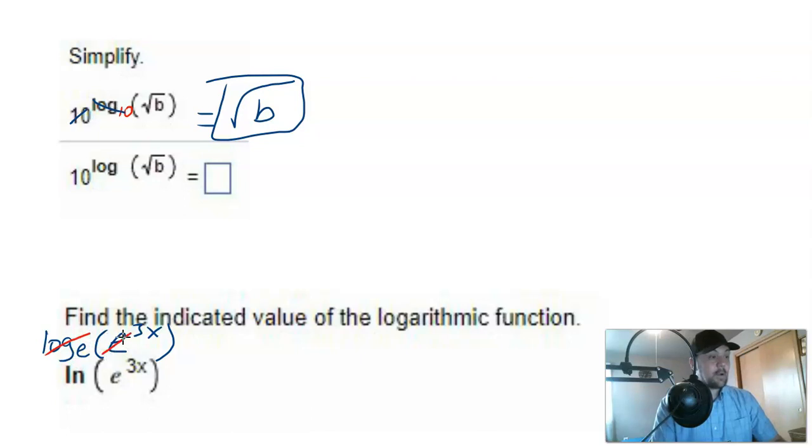Because this is inside the logarithm, they'll cancel each other out. And all that will remain is just 3x. Right. So the base of the exponent cancels out with the logarithm, and whatever's left over is your answer.